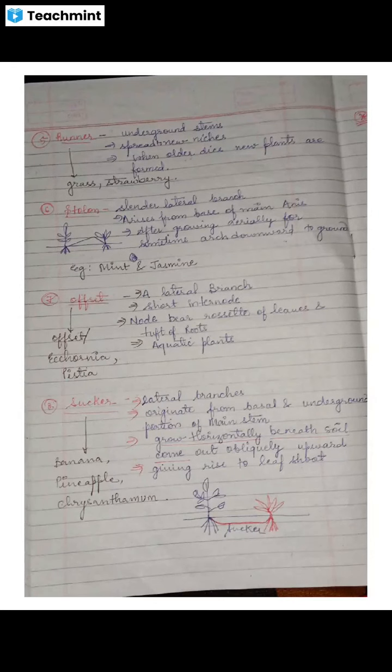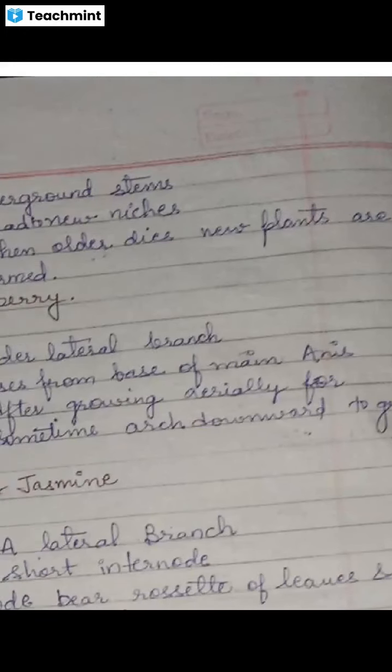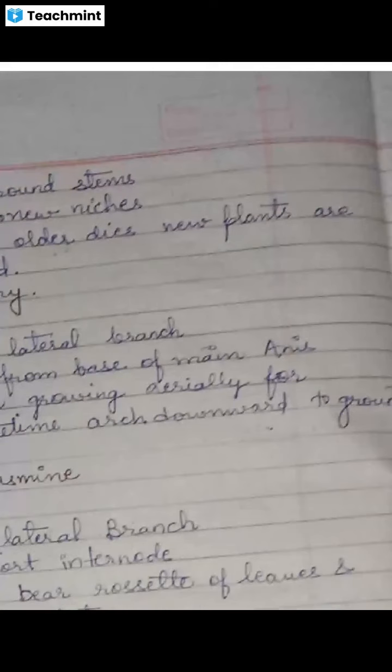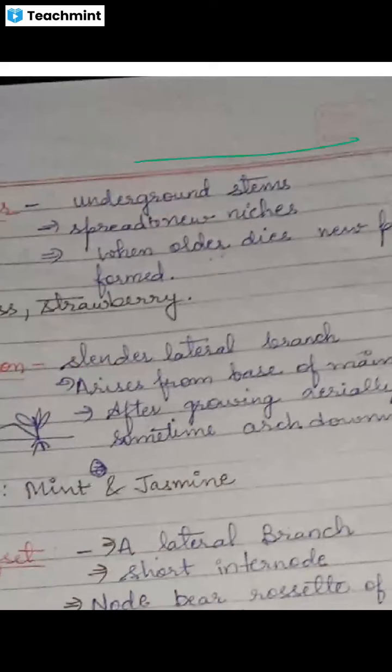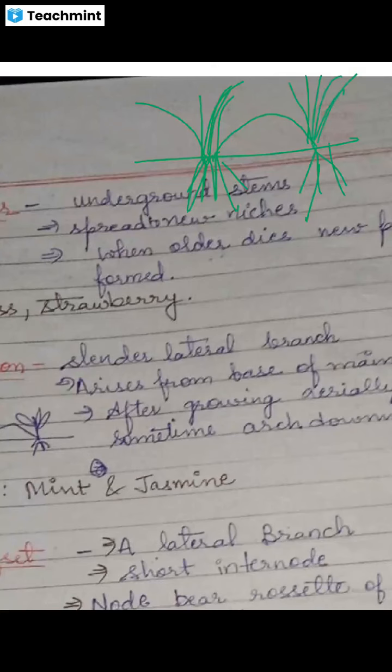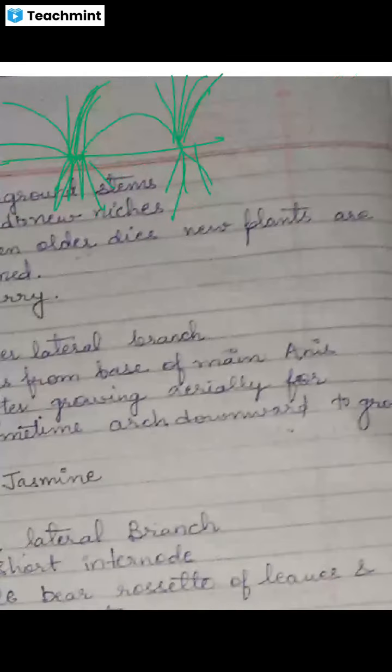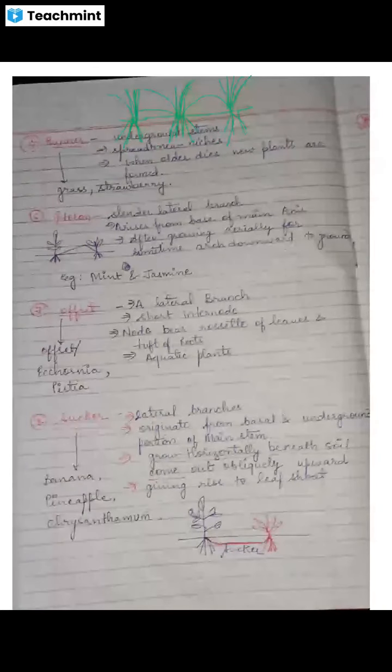We have seen this in grasses. When you pull out grass, some parts are tied to each other. If this is the grass and its roots are on the lower side, then they are connected back and forth like this. So they are stems that spread the new niches and when the older dies the new plants are formed, like in grass and strawberry.